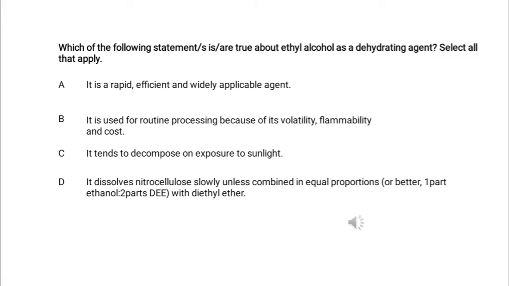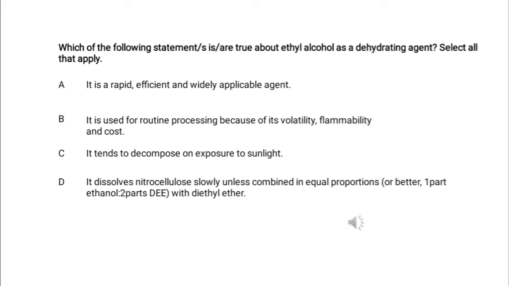Second choice, it is used for routine processing because of its volatility, flammability, and cost. This is false. As much as possible, we don't use a chemical that is volatile, flammable, and costly for routine processing. Ethanol may be flammable, but it is not too volatile and it is really cheap.